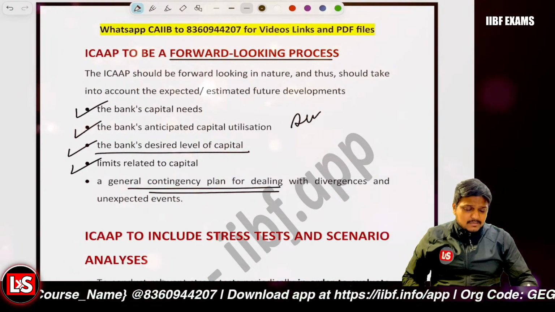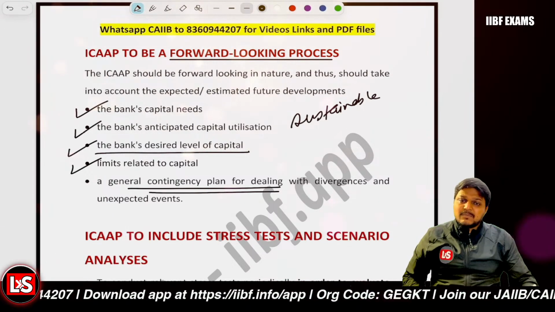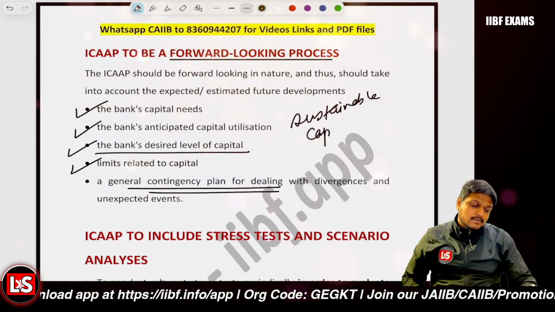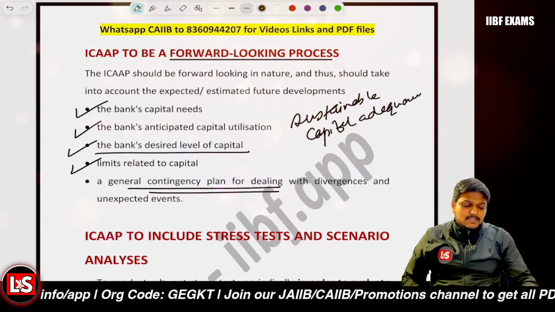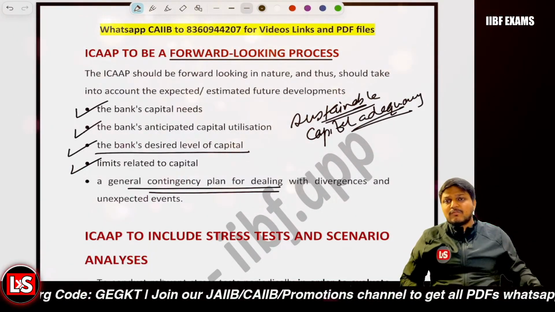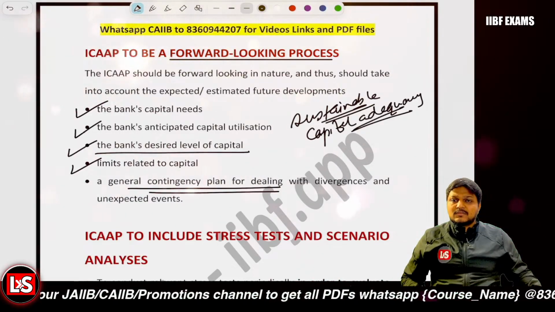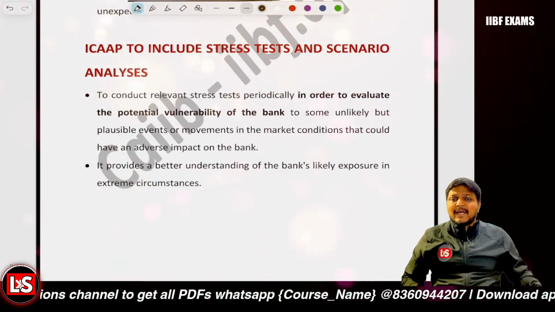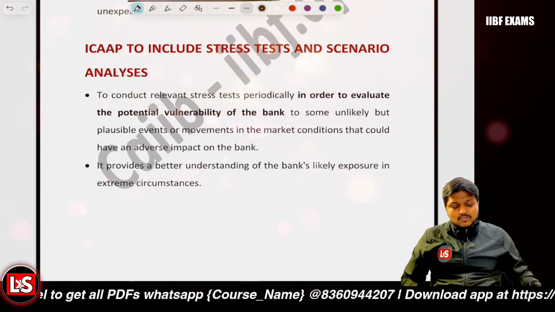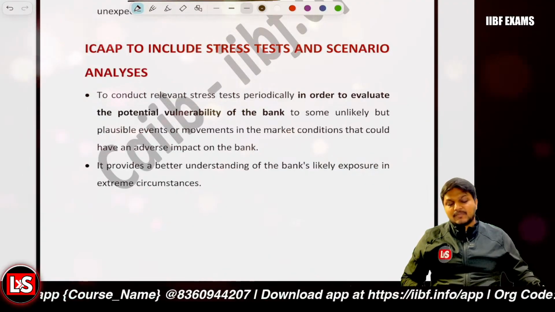Main objective is we want the sustainable capital adequacy. That's the main thing. That's what we want to achieve, right? Clear with it?